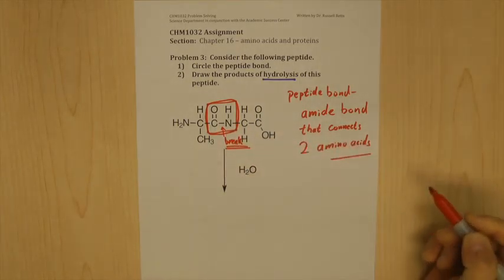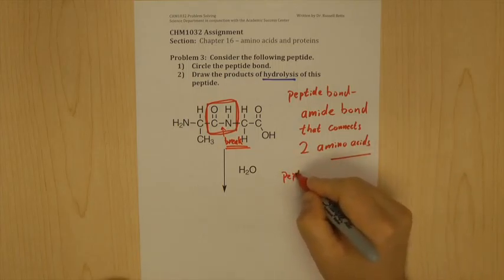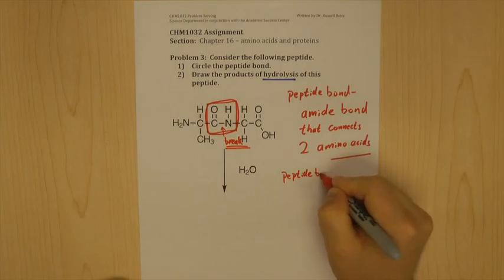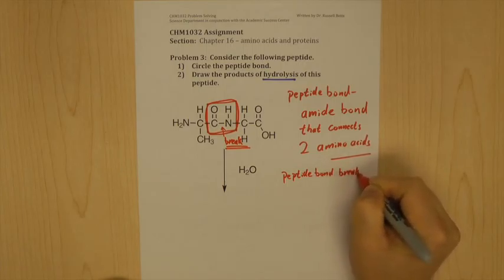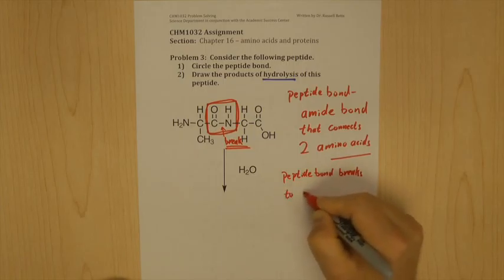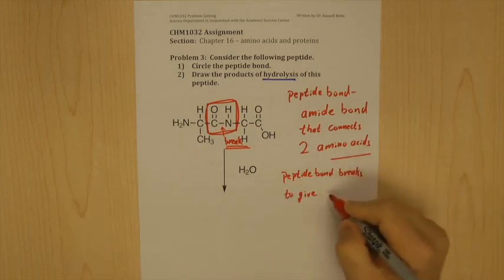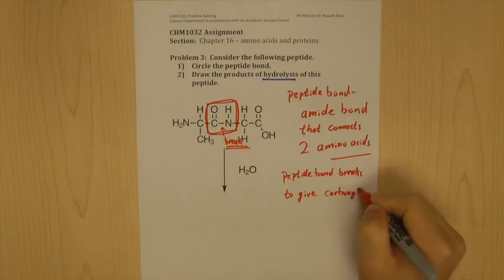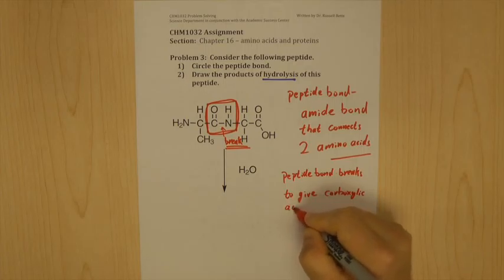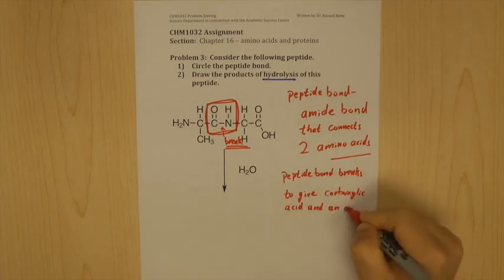Okay? Now, when you break a peptide bond, a peptide bond breaks to give a carboxylic acid and an amine.